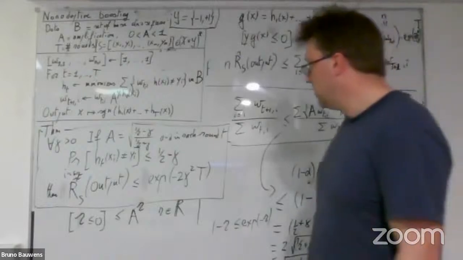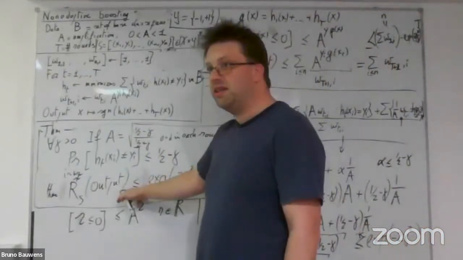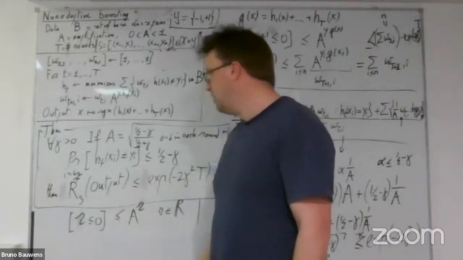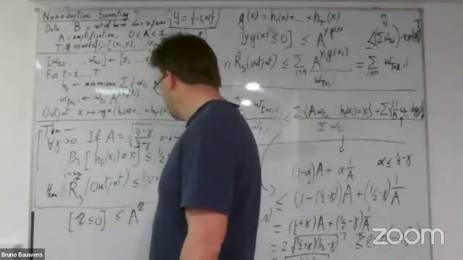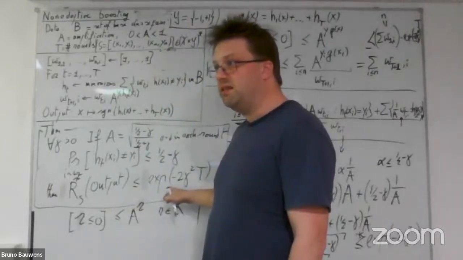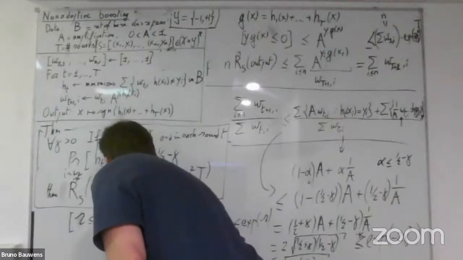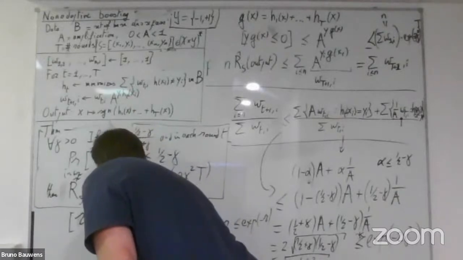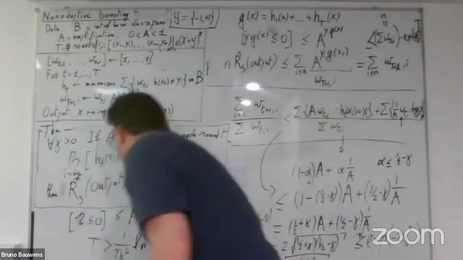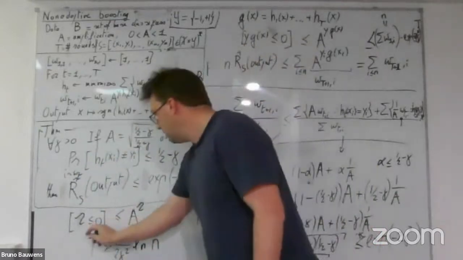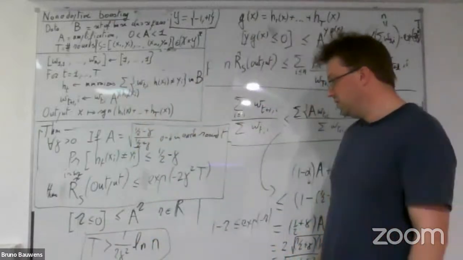Okay, so that's cool, because how many rounds do we need to have 0 error on the training set? That's just simple calculation. We need to have this bound smaller than 1 over n, and it will be ln n divided by 2 gamma squared. So if t is strictly bigger than this, then we train until 0 error, which is pretty cool.